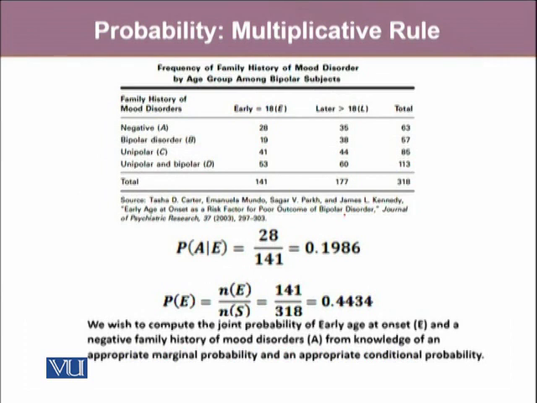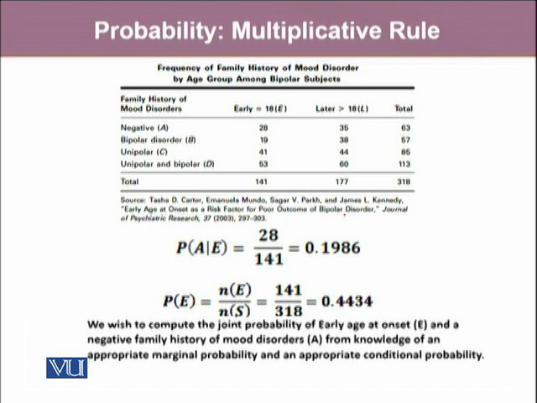Let's take this example where we have been studying the effect of the family history of mood disorder on the onset of the bipolar disease. Here, we already know that the probability of A given E is 0.1986 and the probability for the early onset, which is probability of E, is 0.4434.